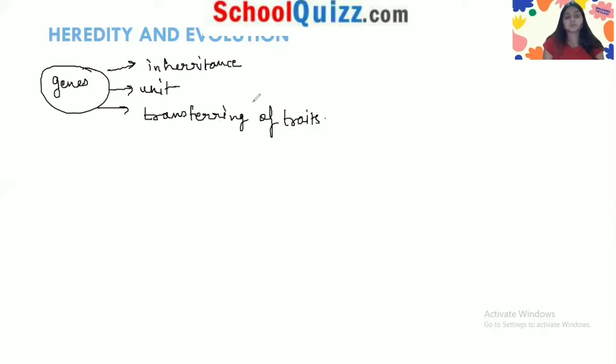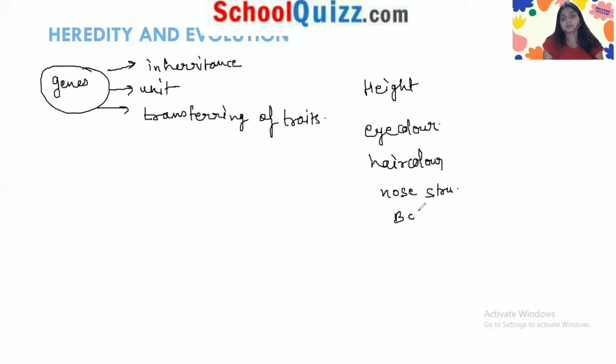Okay, so in our body we have different types of properties, like height, eye color, hair color, nose structure, body structure, and many more things. So all these properties have different genes.